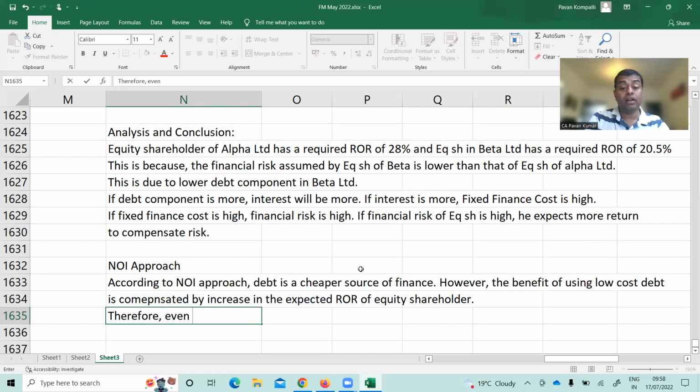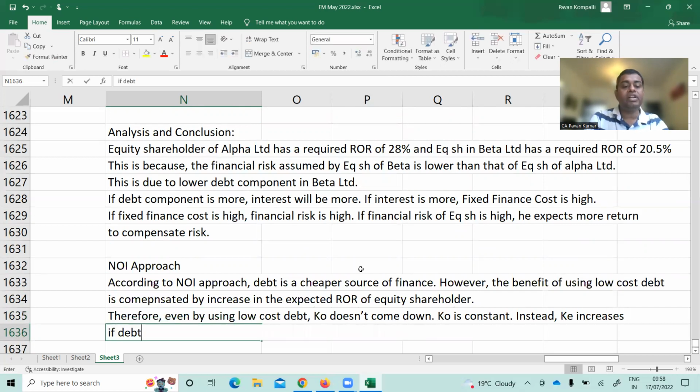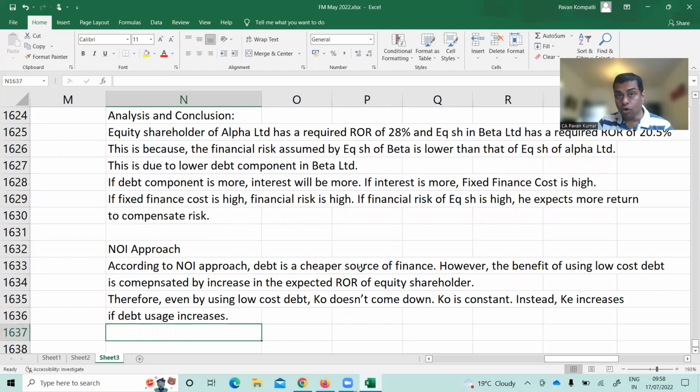Therefore, even by using low cost debt, KO doesn't come down. KO is constant. Instead, KE increases if debt usage increases. This is the theory.